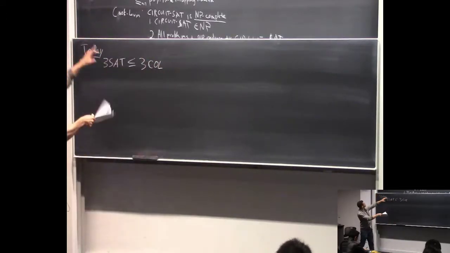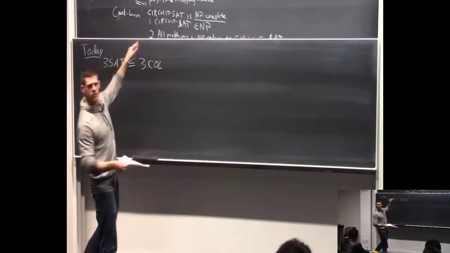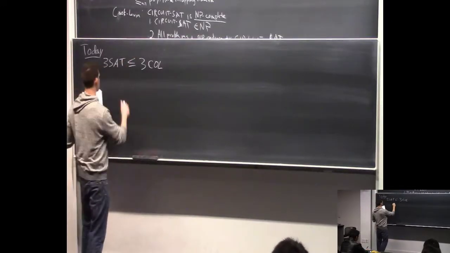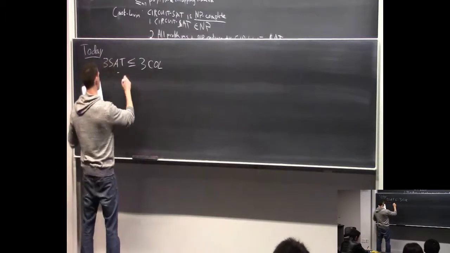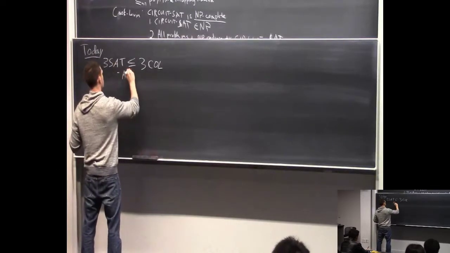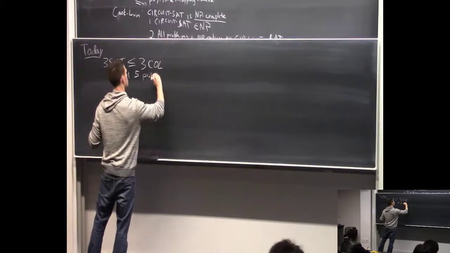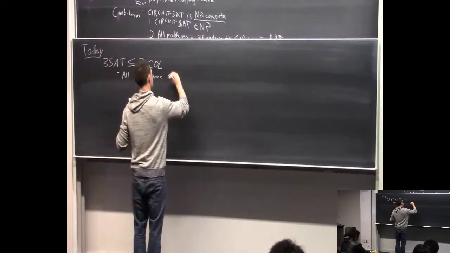That now makes this a cycle of reductions. In particular, this means that all 5 of these problems are going to be NP-complete.